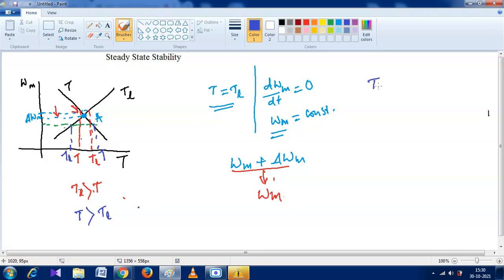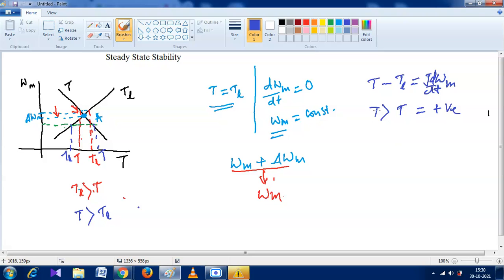What is the fundamental torque equation? T minus TL is equal to J d by dt of omega m. If T is greater than TL, is T minus TL positive or negative from that equation? Positive.